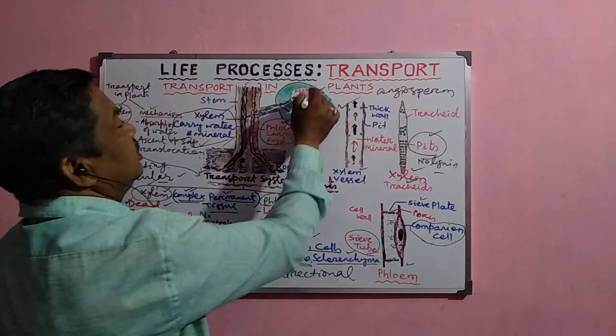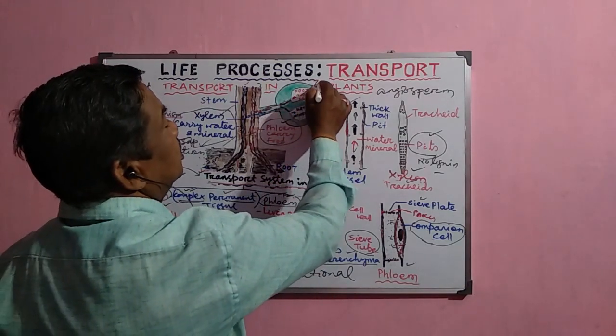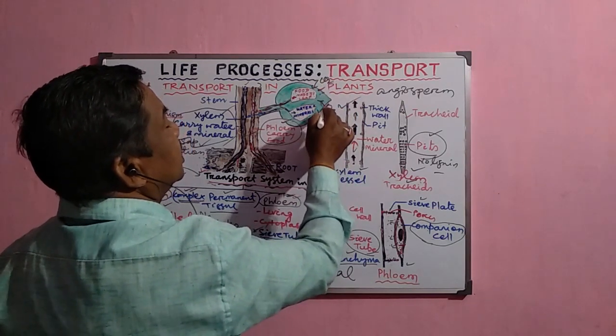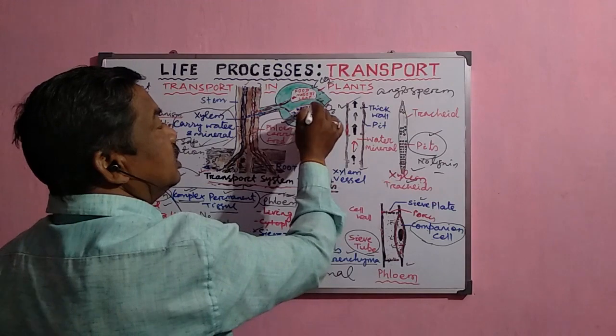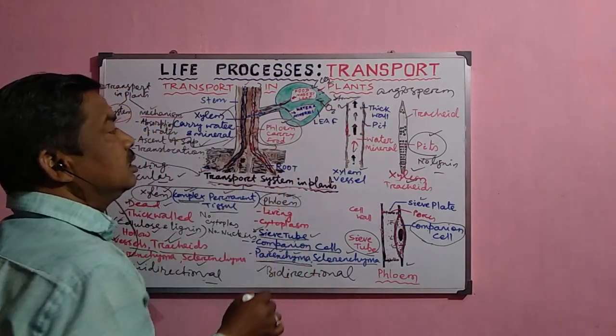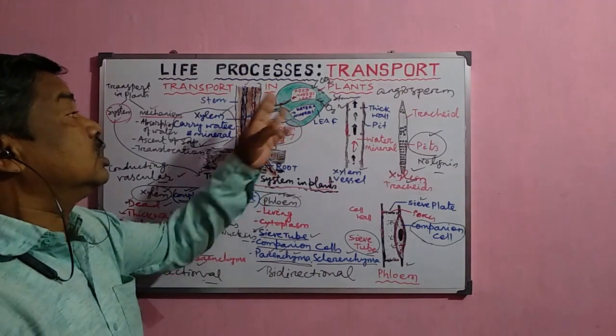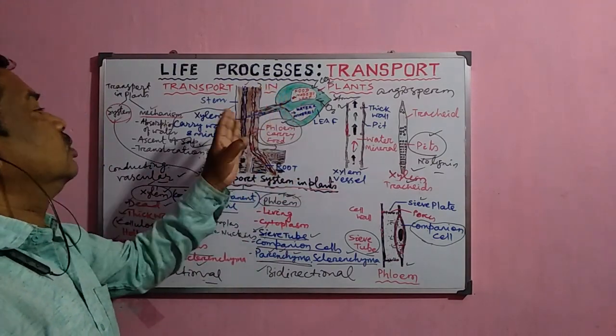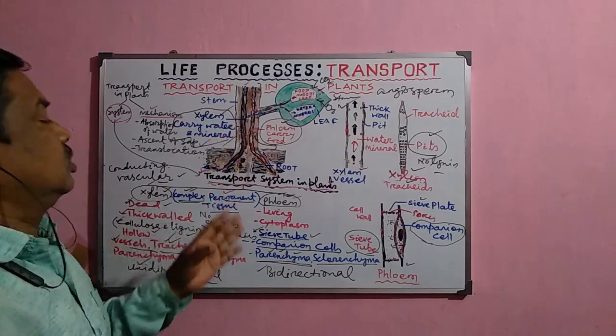And normally the gaseous exchange, as we have already studied, the carbon dioxide and oxygen, they directly enter into the leaf through stomata, and here the lenticels are there. So that is why transportation is not required for them. They directly diffuse into the leaf or into the stem or into the root.